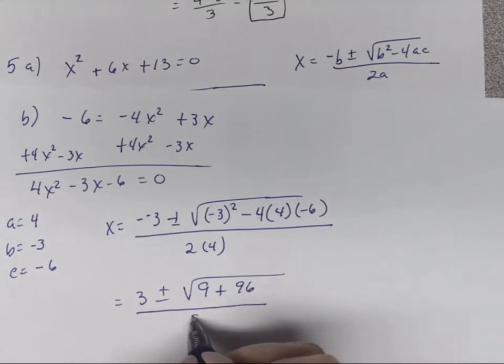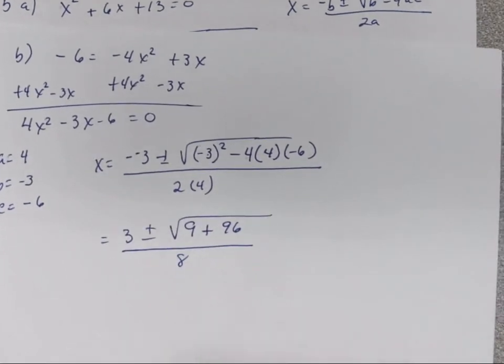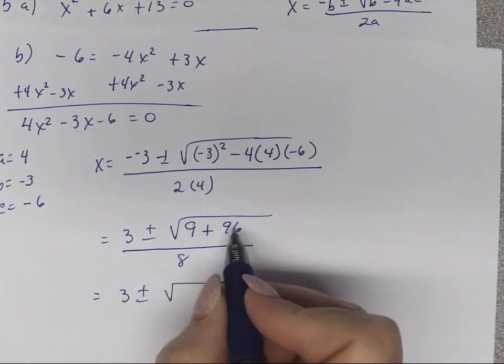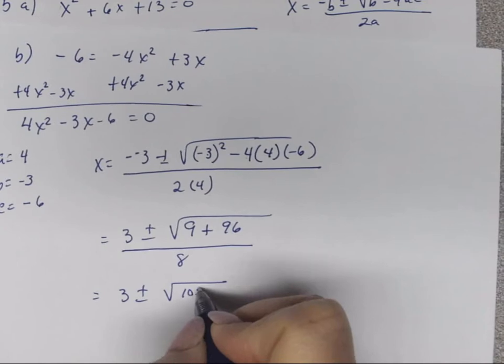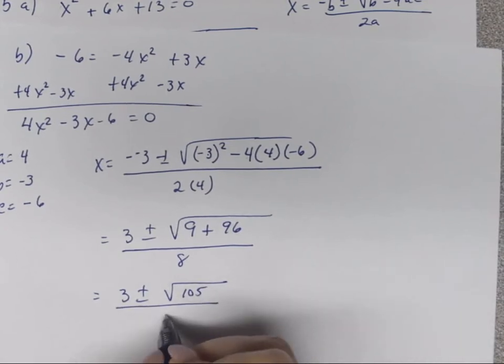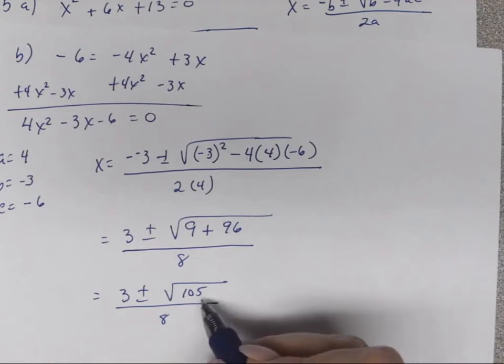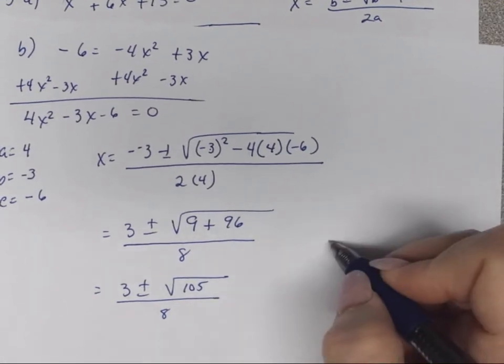All over 2 times 4 is 8. So 3 plus or minus the square root, 9 plus 96 will get us 105 divided by 8. Now we need to look and see if 105 will reduce down.